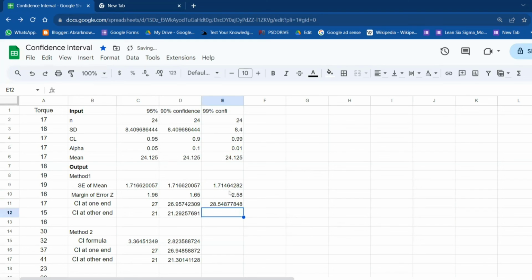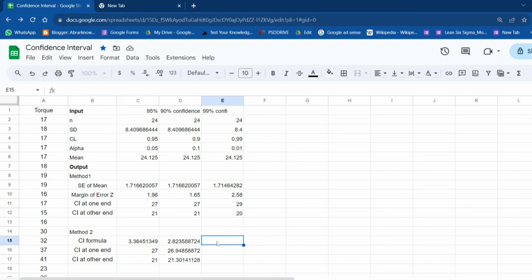You got one end of the confidence interval. Let's find out the other end. So all we have to do is this one. So that means 19 to, maybe I'll make it no decimal, so it will be easy to explain. So with 99% confidence, we know that the torque value will be 20 to 29 with a 99% confidence.